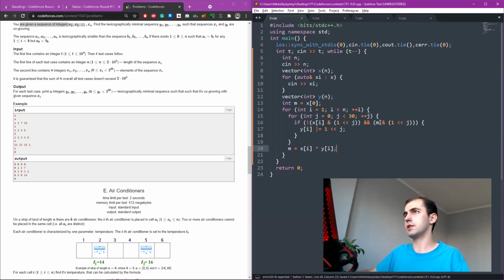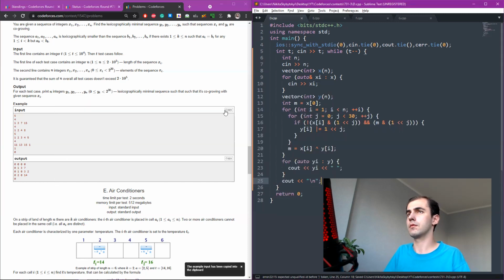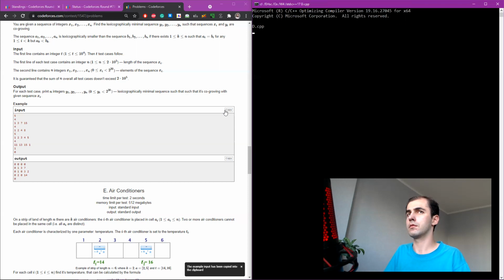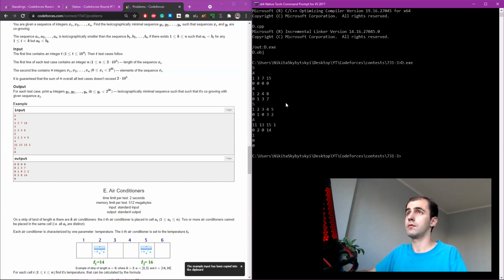So this way, I'm sure that if a bit is on in the mask, then it's also on in x_i XOR y_i. Update the mask. Zero, zero, zero, zero makes sense. 0, 1, 3, 7 makes sense. 0, 1, 0, 3, 2 makes sense. 0, 2, 0, 4. Okay.